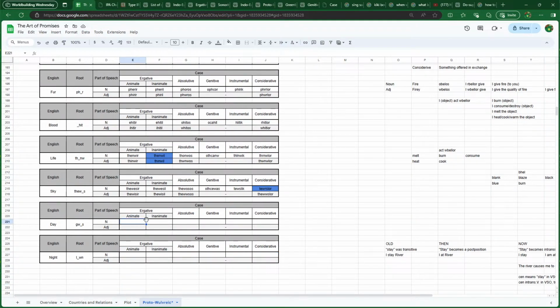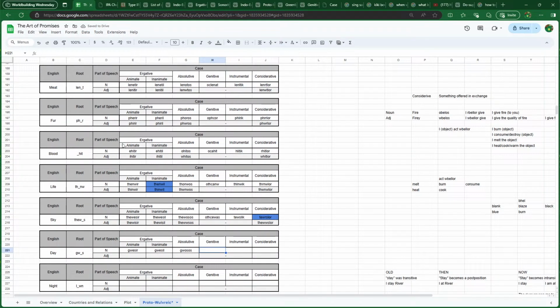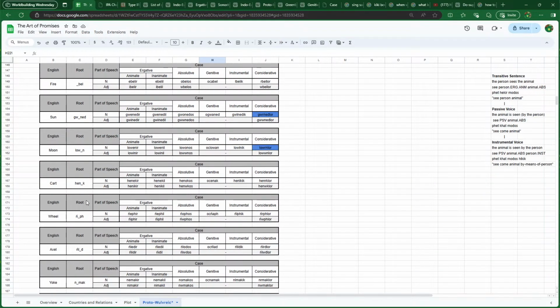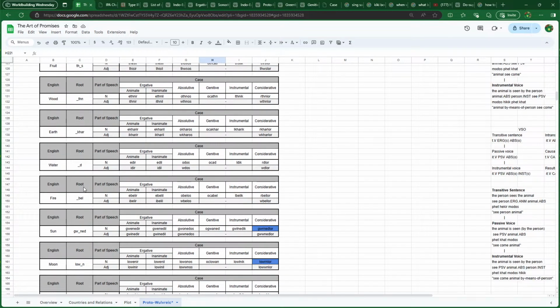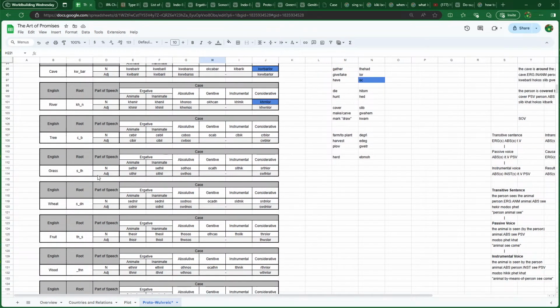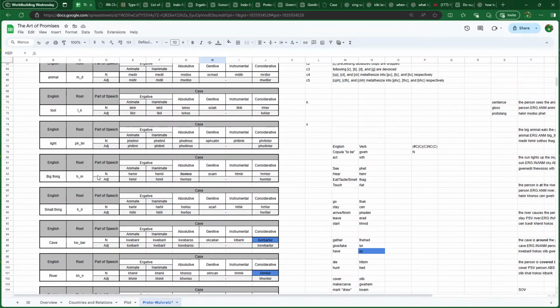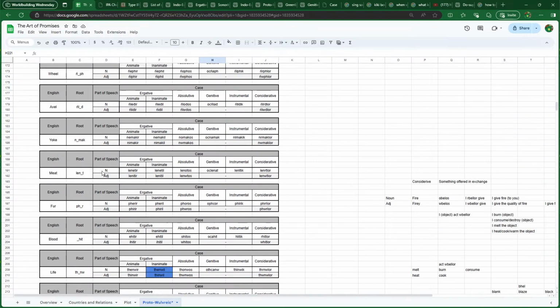So, animate is Gwesir, Gwesil, Gwosos. Just making sure that I don't have that already. Alright.